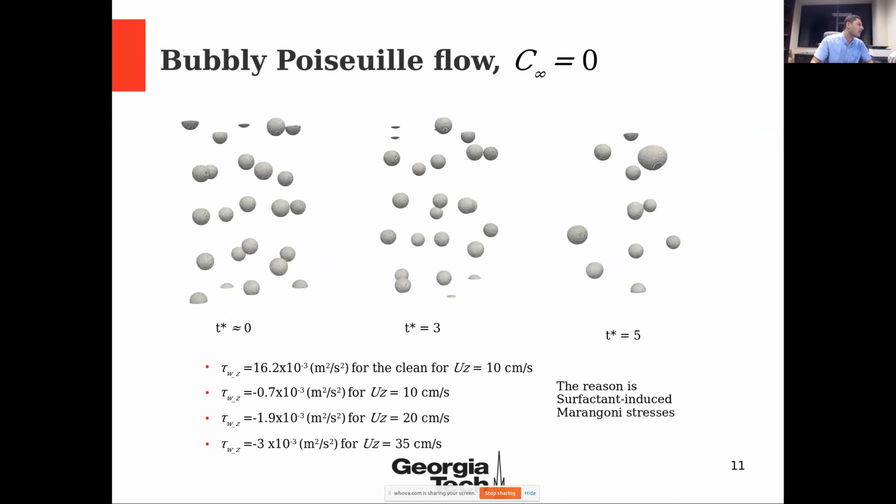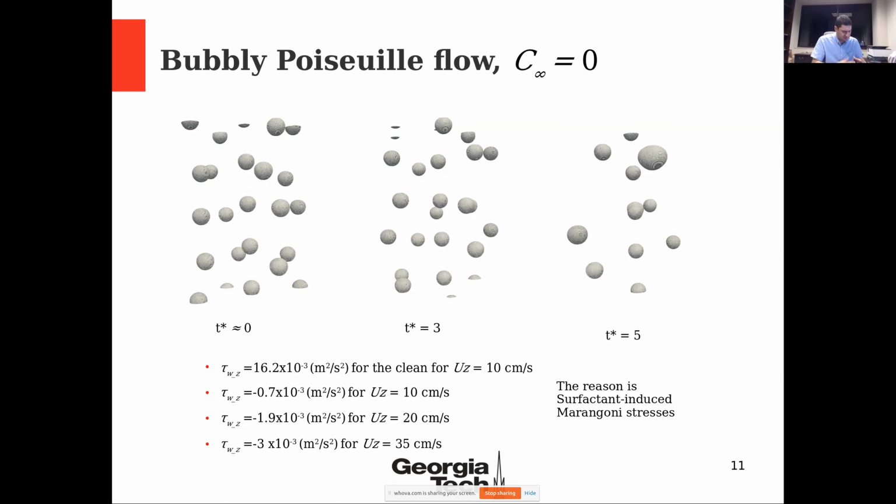This is the clean case, and as you can see, the bubbles are more off axis. Please follow the timeline. The survival time of the bubbles is way less. And about the Marangoni stresses, as you can see, the direction of the stress is reversed when the velocity increases. This is a very important point for the survival of the bubble, and for capturing the surface velocity of the bubble in general.